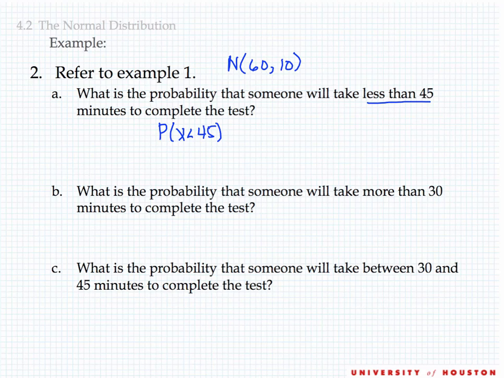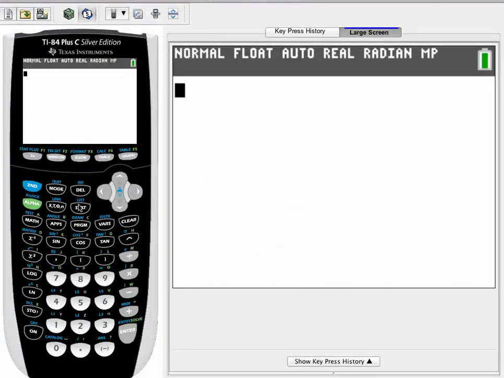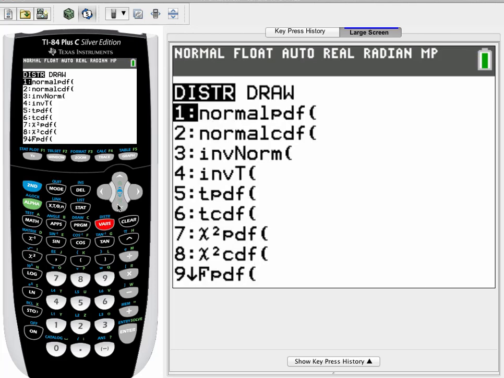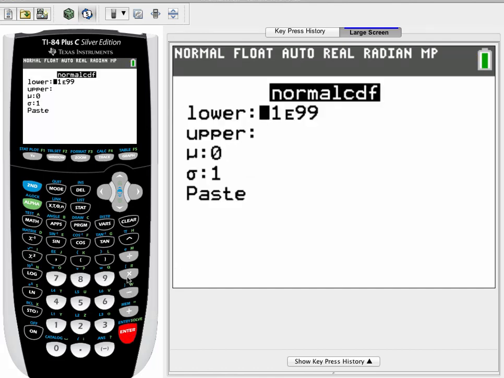Using the calculator, we're going to go to normal CDF, so we're going to hit second and variables key, which gives us distributions. Normal CDF is the second one. Now we're doing a less than, so our lower limit is a very small number. It's got a default of negative 1 times 10 to the 99th power, so very small. Our upper limit is 45. Our mean is 60, and our standard deviation is 10.